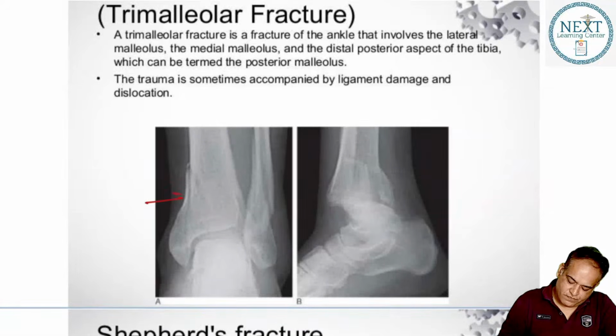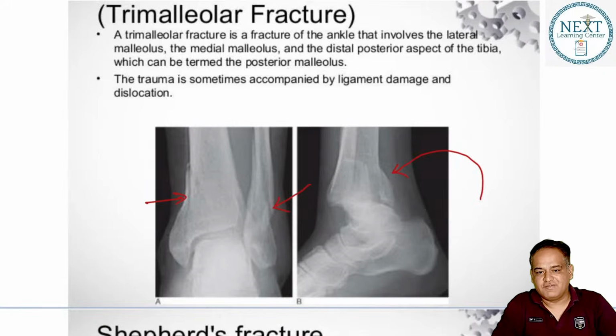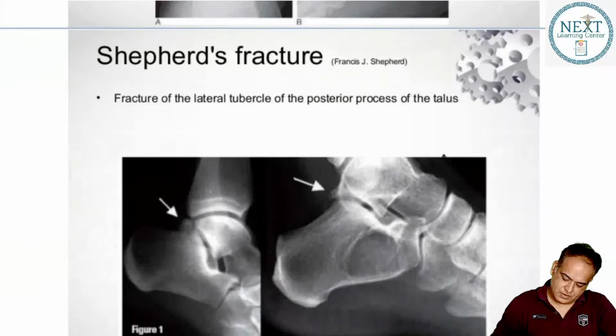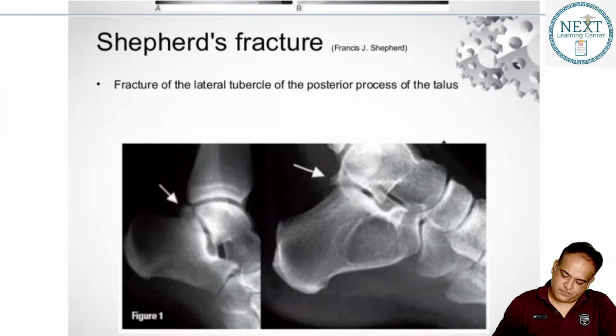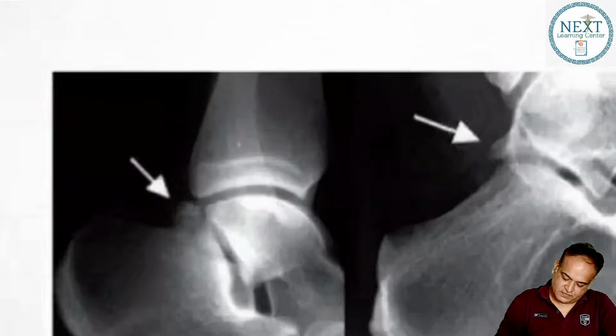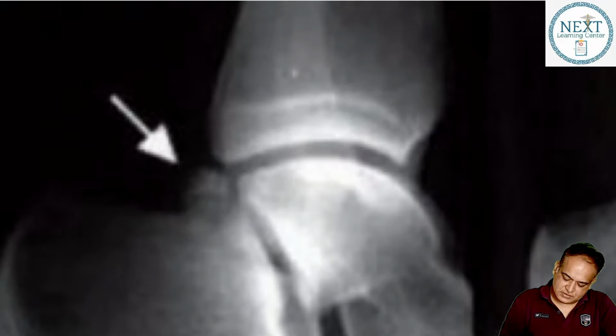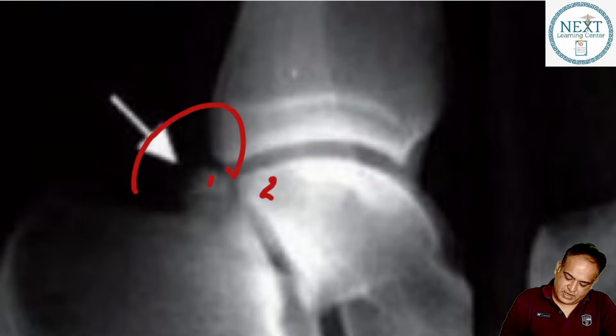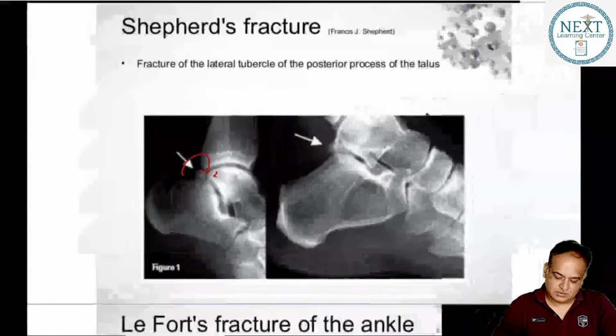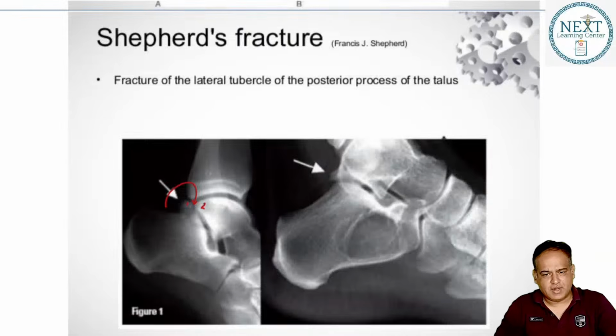Trimalleolar. देखो, fracture, fracture, and posteriorly also there is a fracture. Cotton fracture. Shepherd fracture. So you see there is a fracture of the talus. Fracture of the talus. Shepherd fracture, not very important.